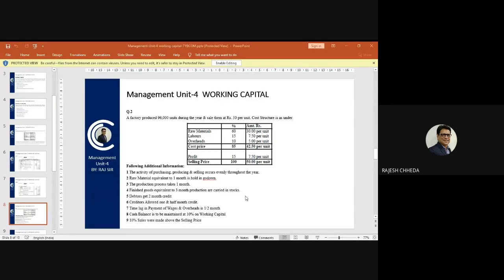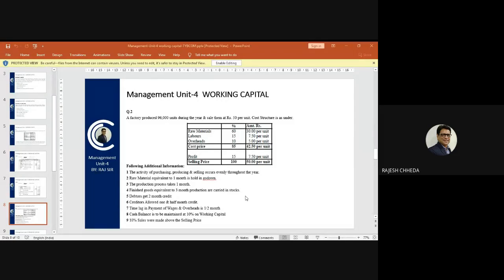Now time lag in payment of wages and overheads is only half month. So this is my another current liability. My laborers need to be paid every 2 weeks or half month, and overheads also need to be paid after half month.